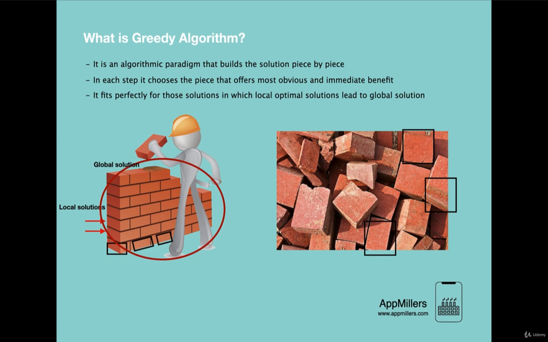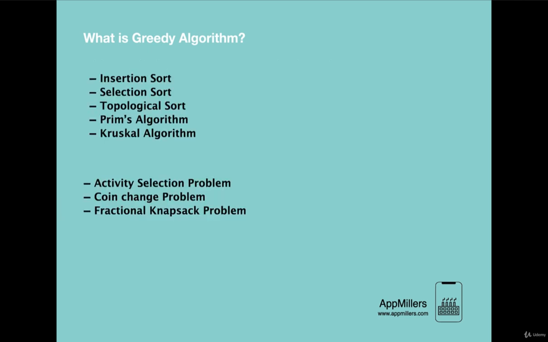Now let's see what problems can be solved using greedy algorithms. The first 5 problems that we have learned in our previous sections are solved using the greedy approach, and in the next lecture I will show how the greedy approach works for these 5 algorithms. These algorithms are insertion sort, selection sort, topological sort, Prim's algorithm, Kruskal's algorithm, and we can include Dijkstra's algorithm here as well.